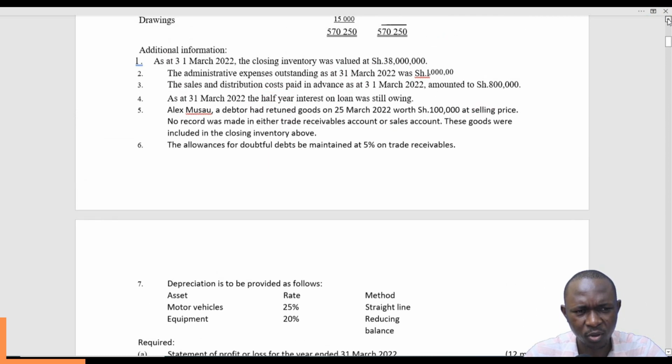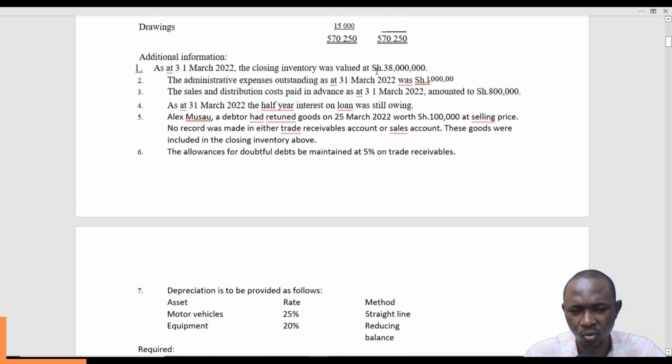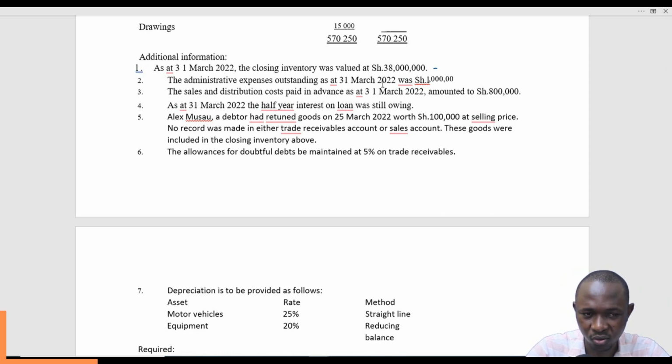Now, the most ideal way of doing this question is to always start with the additional information. So for me, the way I handle it, I will look at the additional information, make sure I have everything in mind, and then proceed with the question as it is. But if you think you can forget one or two things, please take note of all the additional information. This is closing stock.